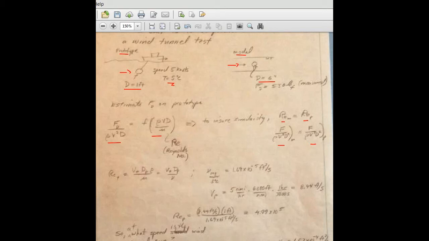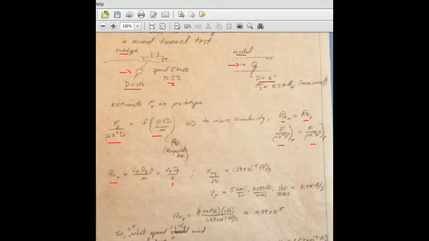So we know enough from the given information about the prototype to calculate a Reynolds number, because we just need the velocity, the diameter, which we have, and density and viscosity terms.